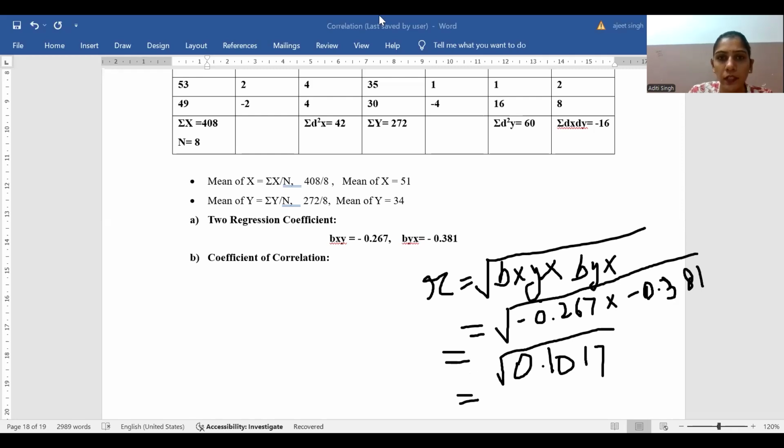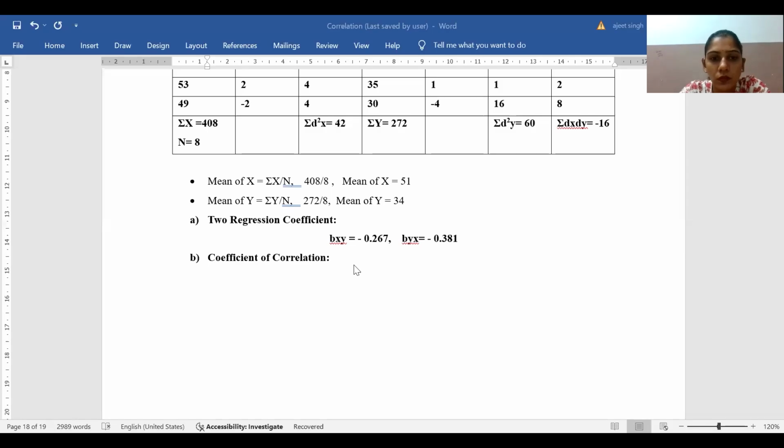Now let's take the root of this, which is R. Let's calculate with the help of this calculator.